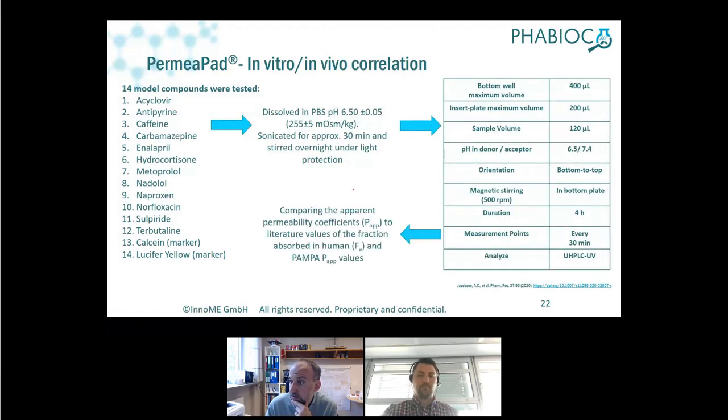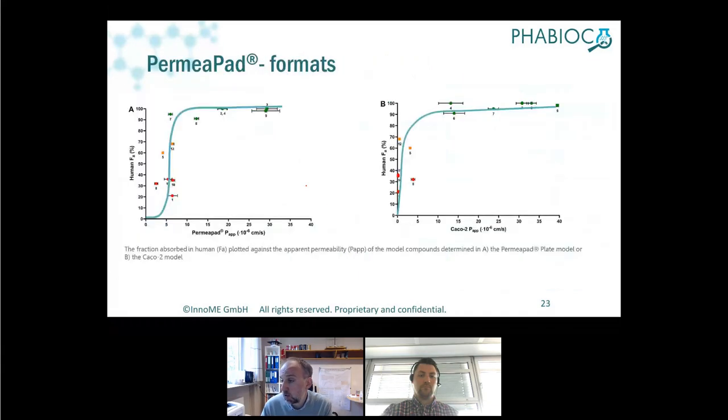In these other studies, the PermePed multi-well plate has been utilized to screen 14 model compounds and to see how the permeability of these compounds could be correlated to the human fraction absorbed and bioavailability in humans.